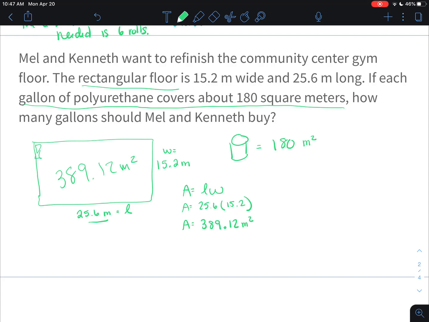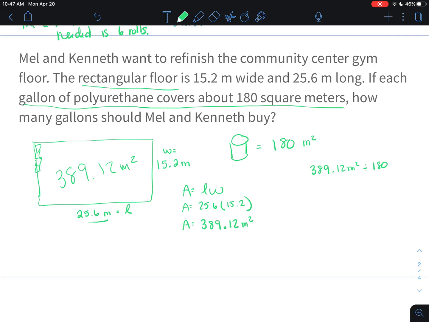So that means there's 389 square meters that cover this gym. So 1 can is going to cover 180. If you want to go about it, you could do 389.12 square meters divided by 180 to figure out how many cans.